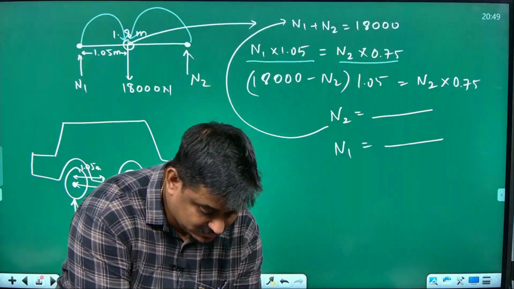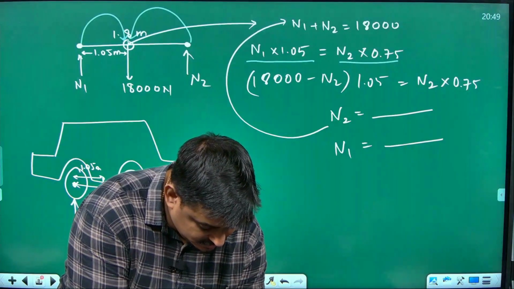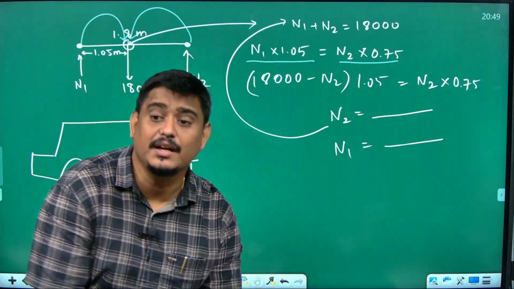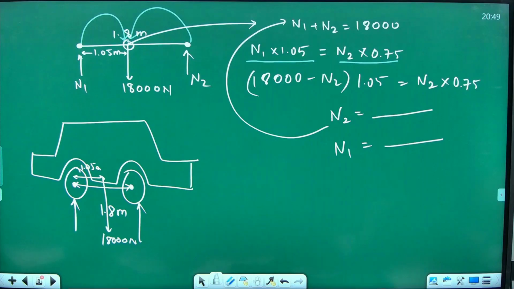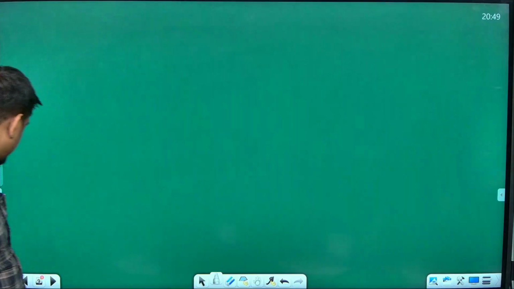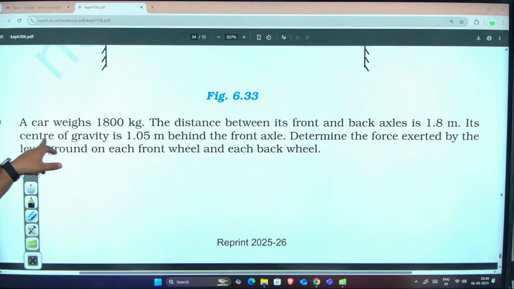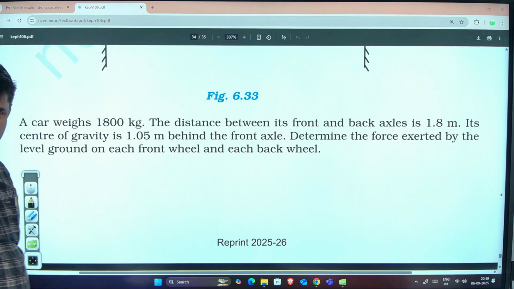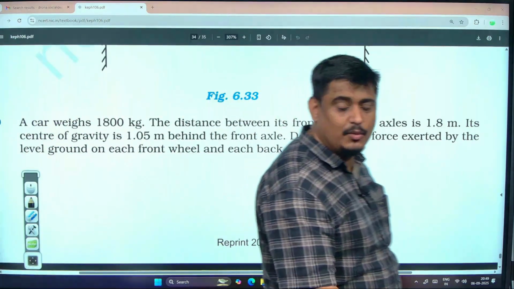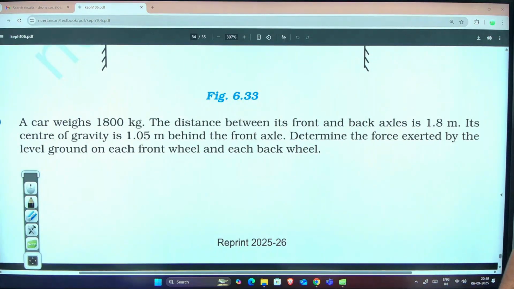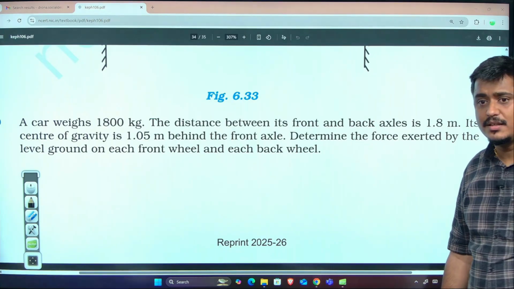1.05 meters. Almost matching. Yeah? 1.05 meters. What distance? It is the distance of center of gravity. There only the mass is concentrated, weight is concentrated. They have given it in the question itself. Got it? What, Raghav? What problem do you have? Ask me, I'll help you. Sir, I can't understand what you're saying about distance.